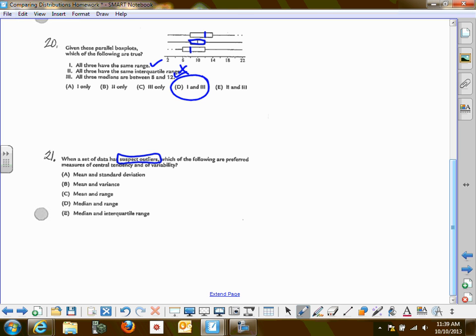Which of the following are the preferred measures of center and variability? I always say spread. What are the preferred measures of center and spread if you think you may have outliers? Should you use mean and standard deviation? No. Both mean and standard deviation are affected by outliers.